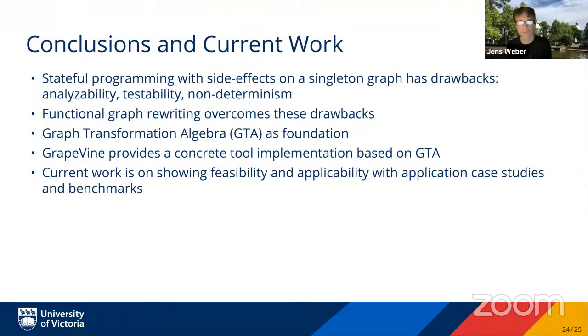The graph transformation algebra, the GGA, is the foundation for this, as I showed here, and the tool implementation shows that, at least for the problems that we're looking at, we can implement this with reasonable efficiency and performance.